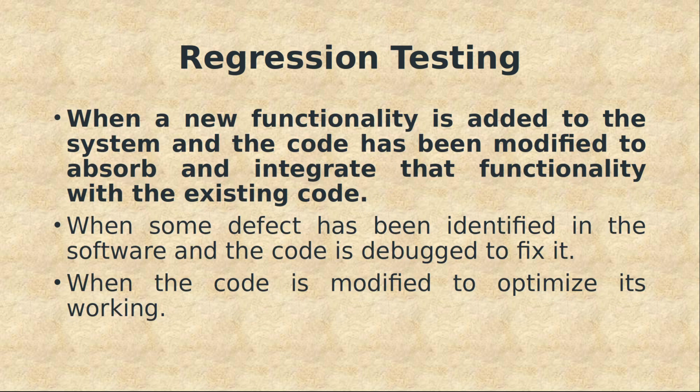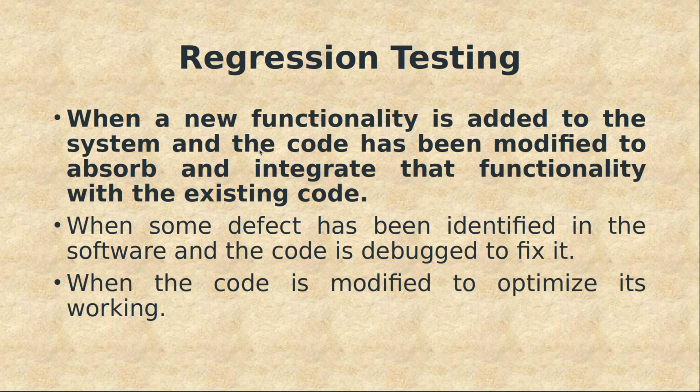As I already told you, new functionality is added to the system or the code has been modified. When these two things happen, we should test whether it is right or wrong.